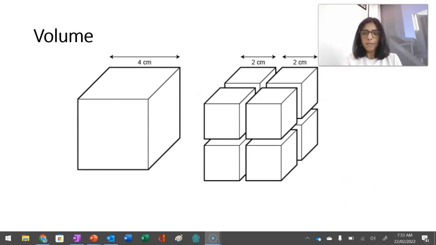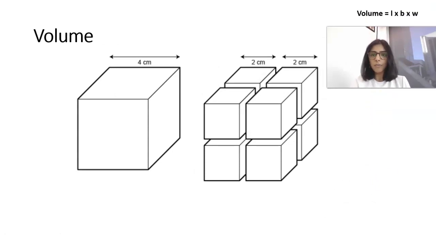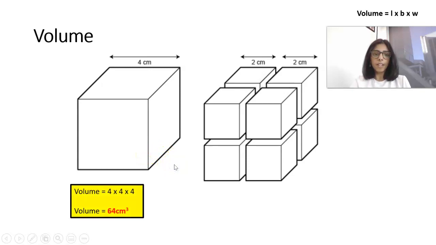Now we're going to be looking at volume, and just to remind you, the volume calculation is the length times the breadth, and this time also times the width. For a cube, all these dimensions are the exact same. For this one larger cube, it's simply length times breadth times width, and that gives us a total of 64 cubic centimeters.